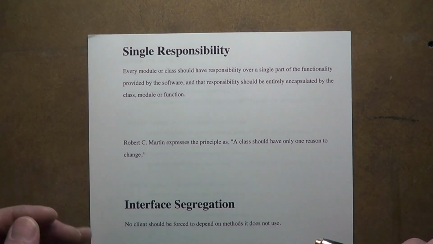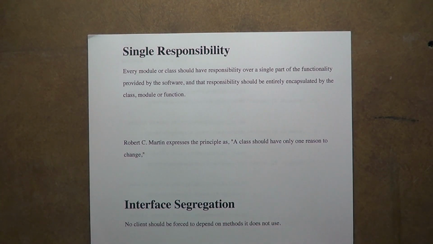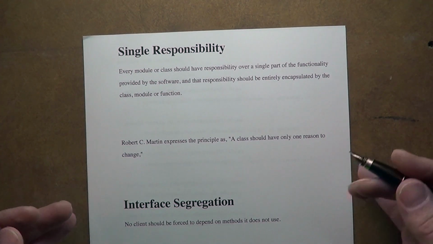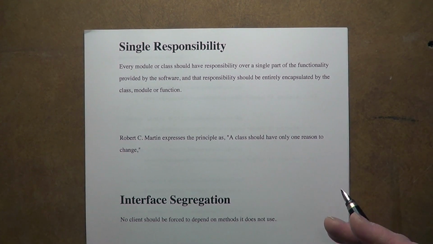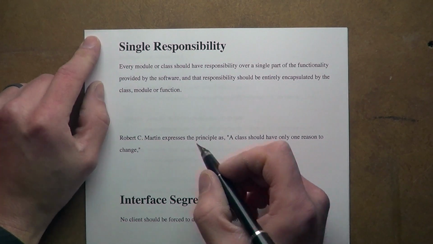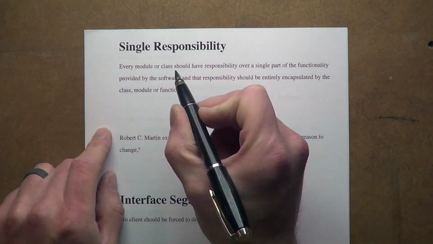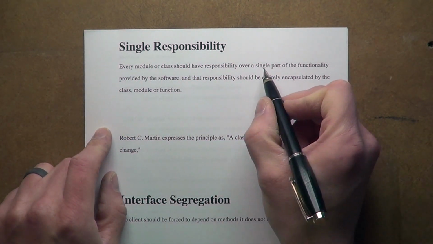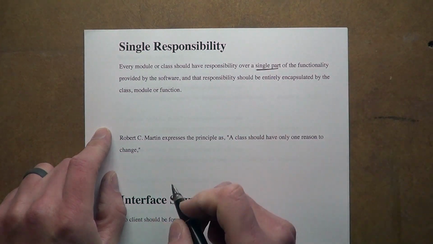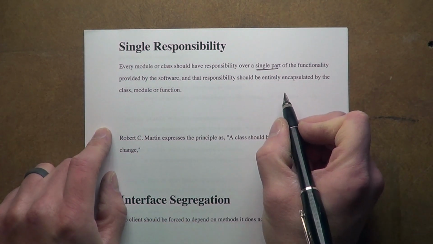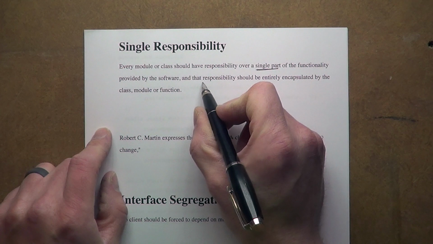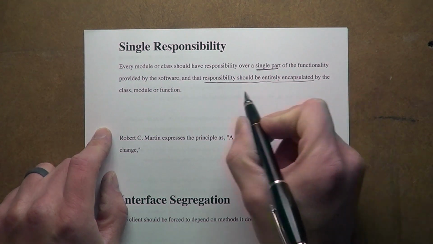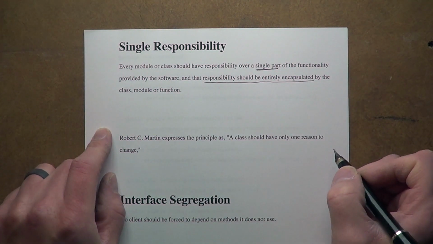So single responsibility is defined, these are all just Wikipedia basically definitions, as every module or class should have responsibility over a single part of the functionality, and that responsibility should be entirely encapsulated by the class, module, or function.